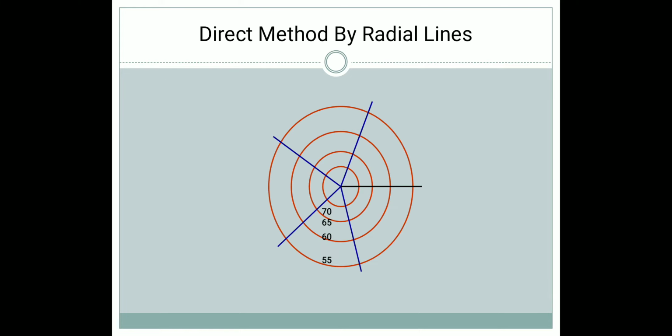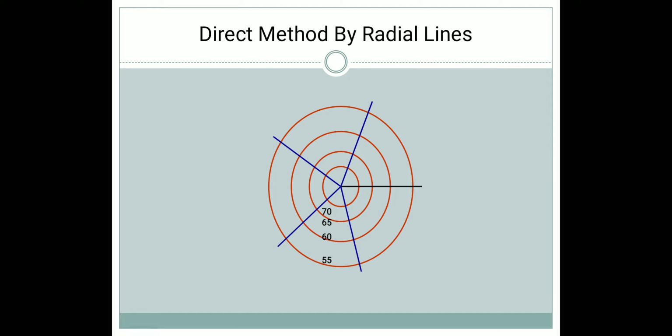There is also another method for doing the direct method, that is, direct method by radial lines. This method is suitable for small areas where a single point in the center can command the whole area. Radial lines are drawn from the common center by theodolite or compass, and their positions are fixed by horizontal angles and bearings.